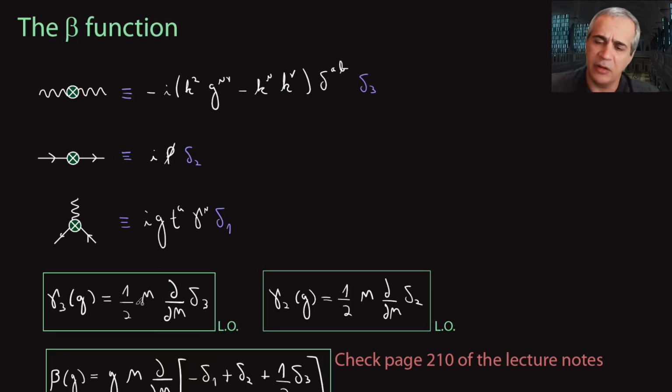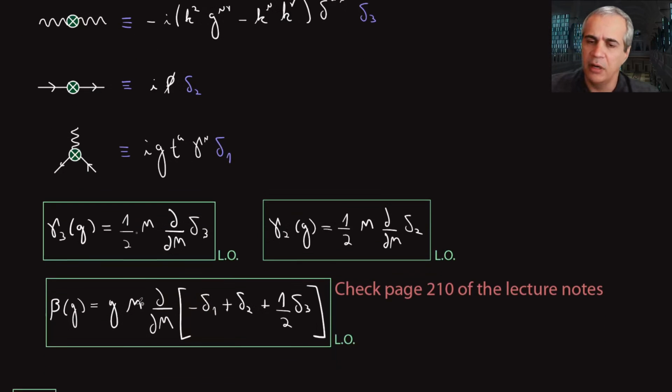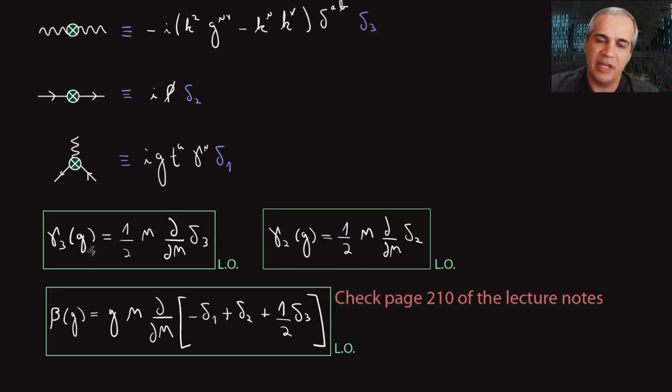You can find out these leading order expressions for the gamma functions, right? Which of course depend on the corrections to the propagator of the fermion in this case. So this is the gamma function for fermions, and on the propagator for the gauge boson for this one. So this is the gamma function for the gauge field.